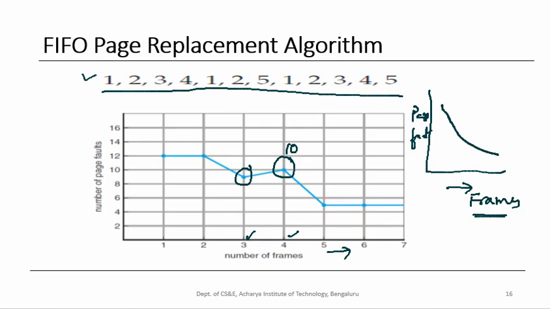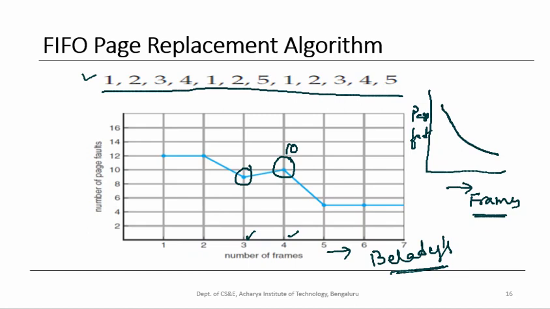So this is an anomaly, and this kind of anomaly is called Belady's anomaly. So what is Belady's anomaly? As the number of page frames increases, in case of the first in first out page replacement algorithm, sometimes the number of page faults also increases.